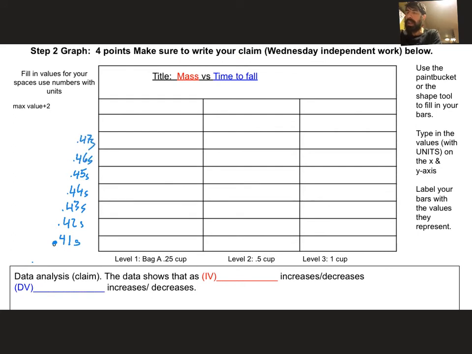You can type this in Google Slides, up to 0.48 and 0.49. And then I would use this if I knew that my highest value was below 0.49 and my lowest was above 0.41. As always, you want to write your claim. And just to reiterate, if you don't use this slide, you can delete it.